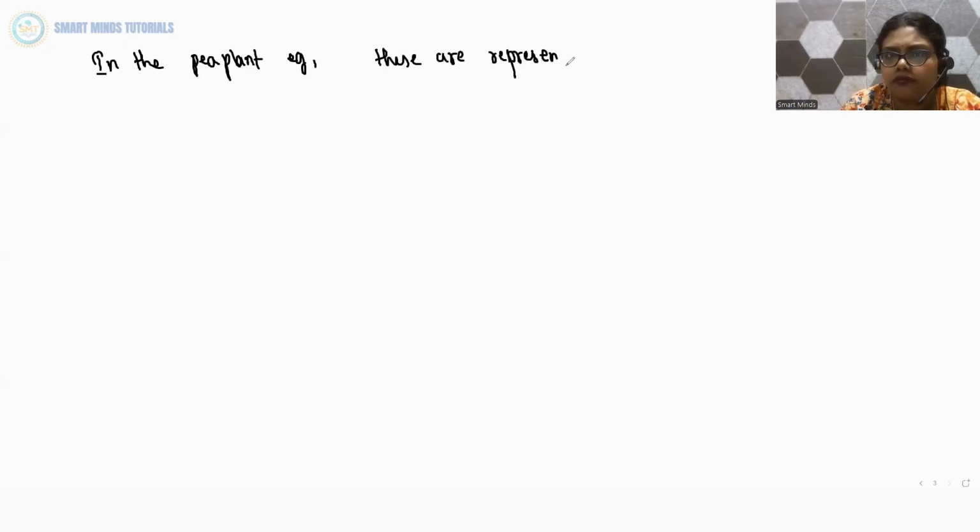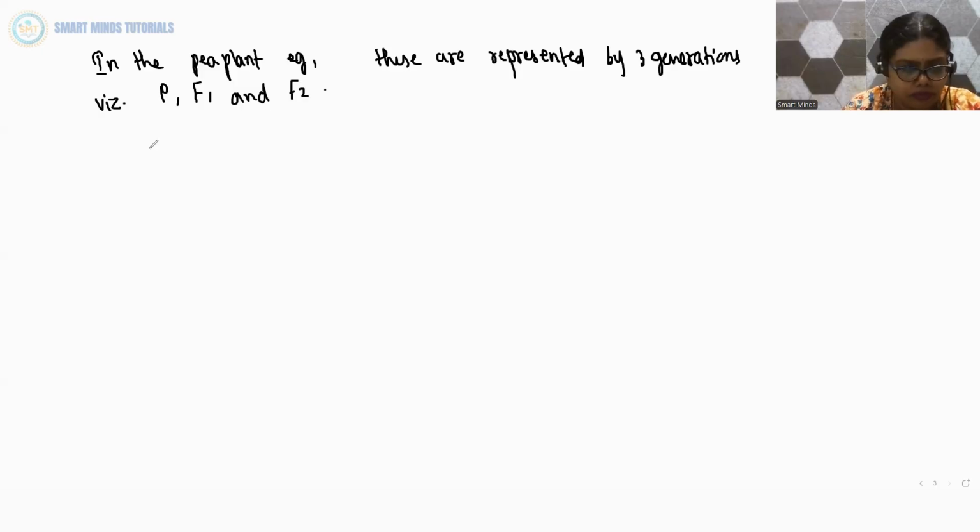So in the pea plant example, these are represented by three generations. What are the three generations? P, F1 and F2. What is P?